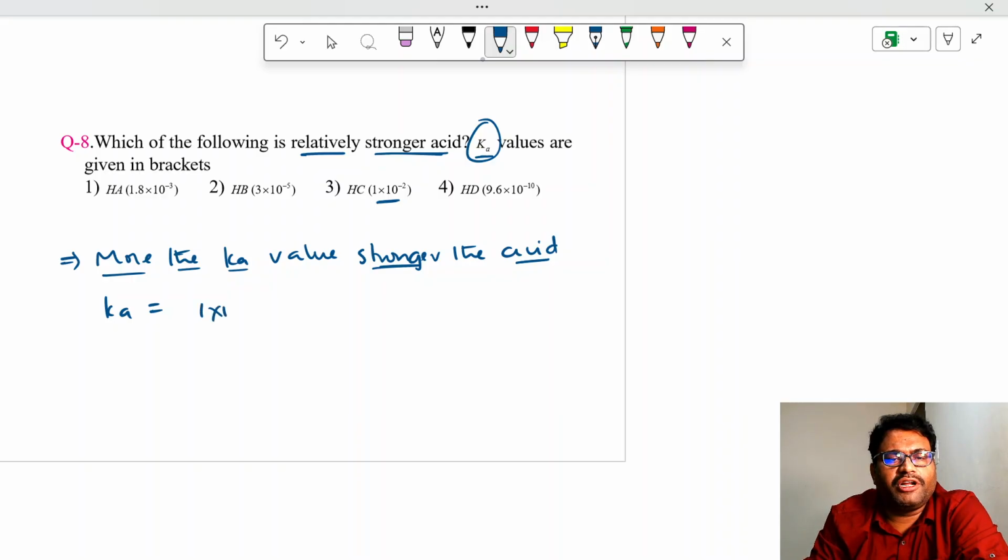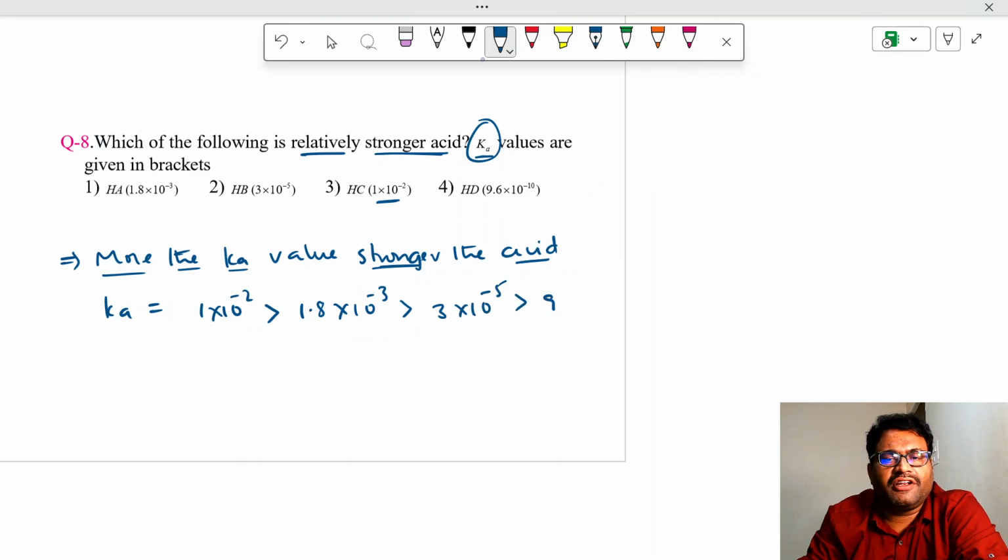So which is greater? 1 into 10 power minus 2 is greater than 1.8 into 10 power minus 3, which is greater than 3 into 10 power minus 5, which is greater than 9.6 into 10 power minus 10.